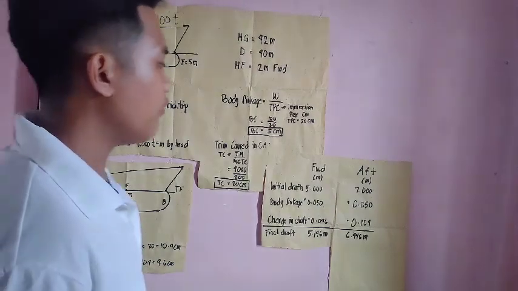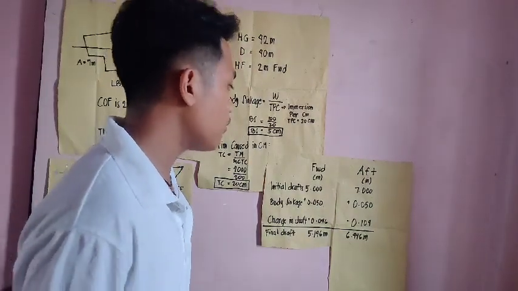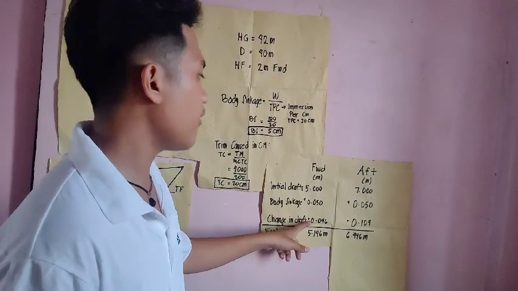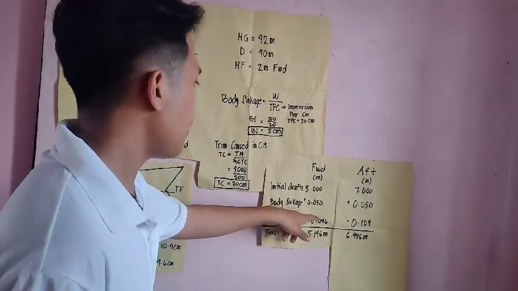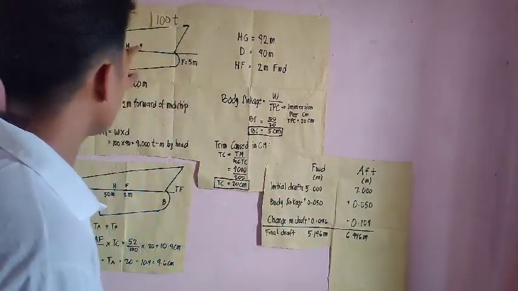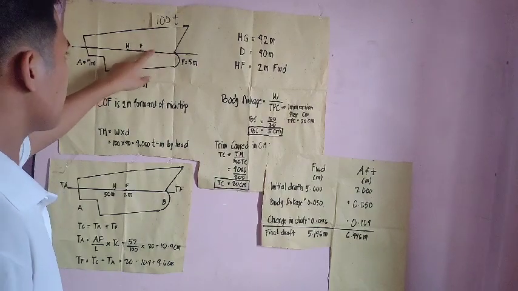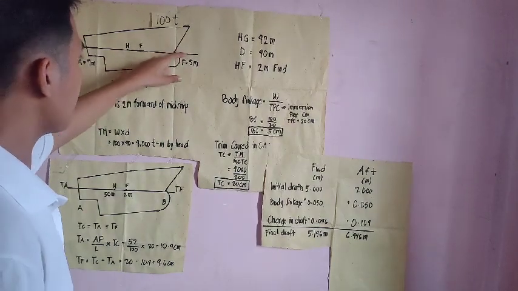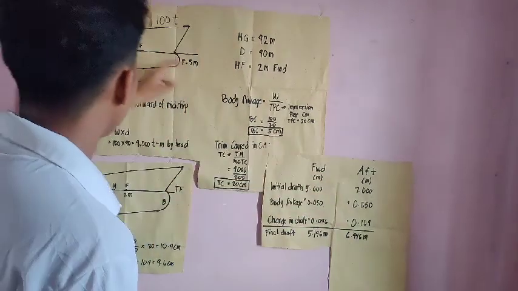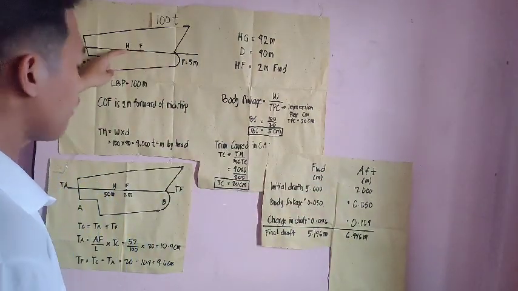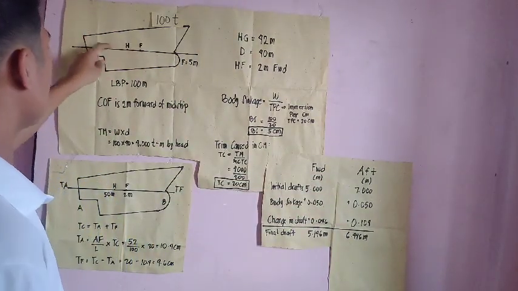If you don't know why I put positive and negative here, it's positive because our center of rotation is facing towards the forward direction, and negative because our aft draft is going up from the back.